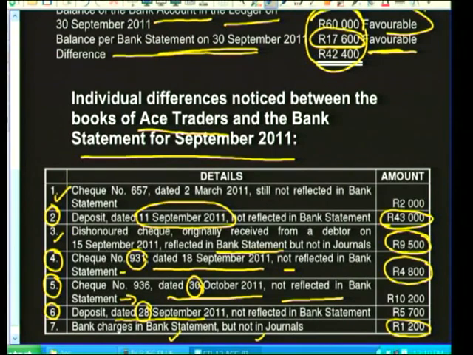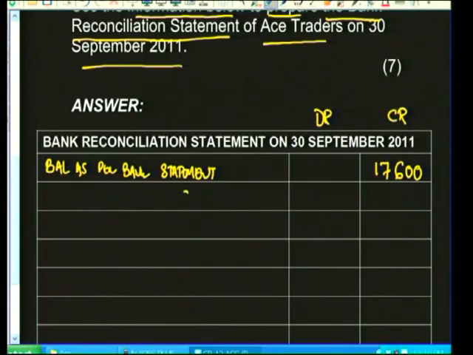It's check number 931, 4,800. And remember, this is my outstanding check. In other words, this is my check that has not been presented for payment. Got it? Okay, let's go back to the information.